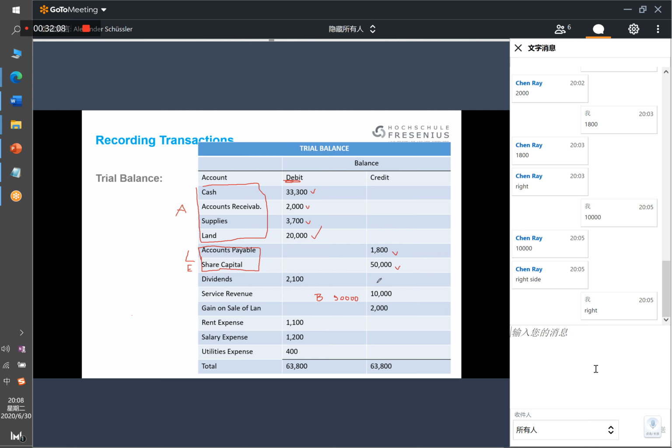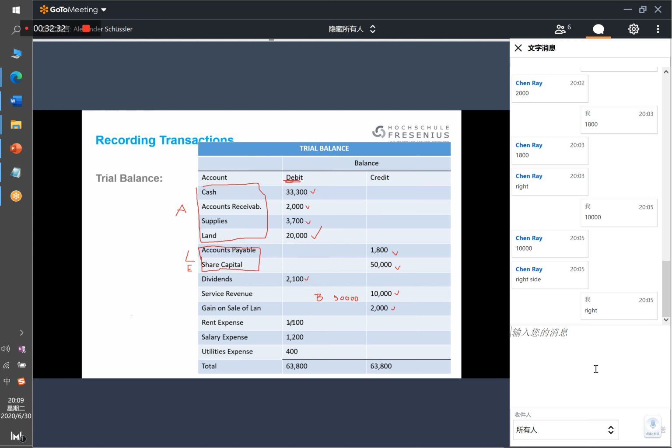Numbers are correct. The dividends is a contra account to equity. It's a contra account, that's why it's a debit.